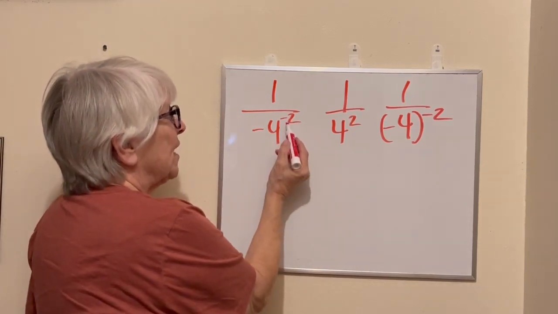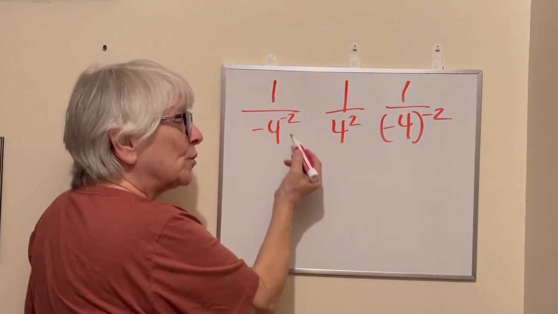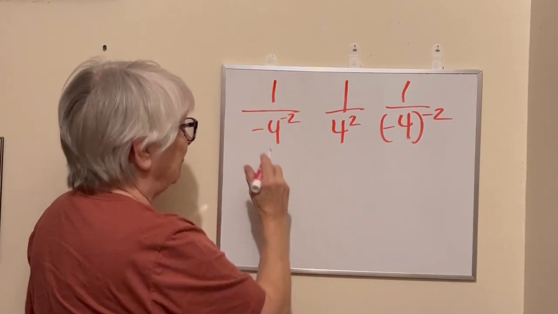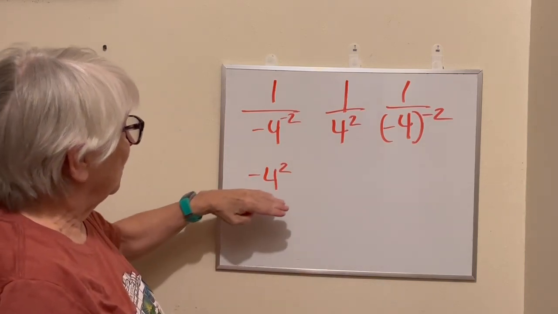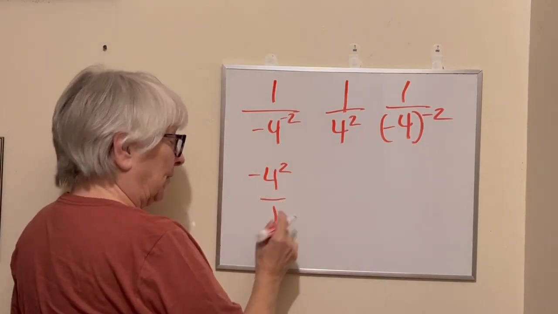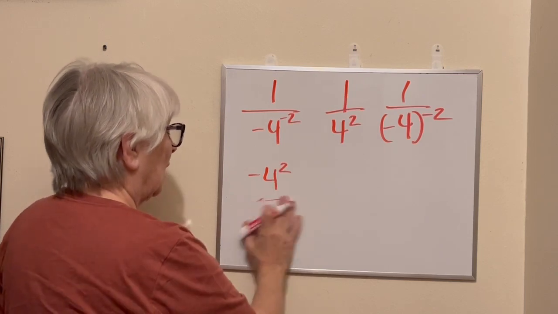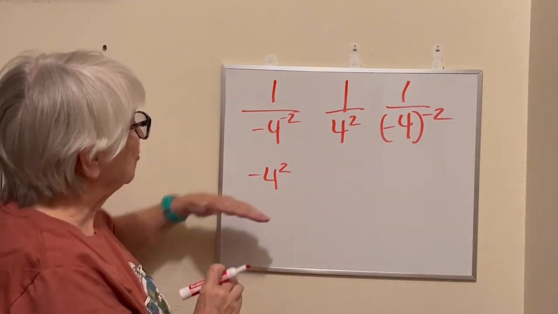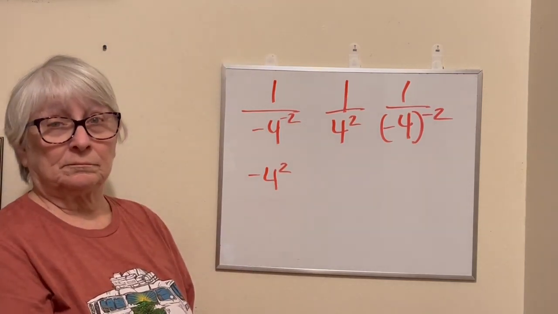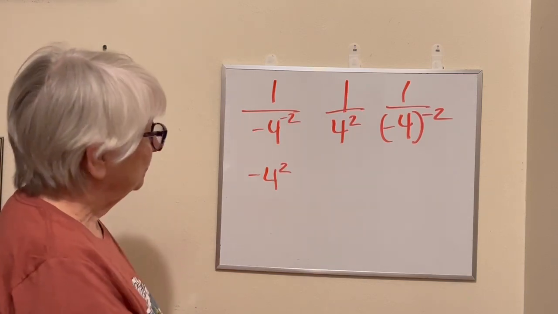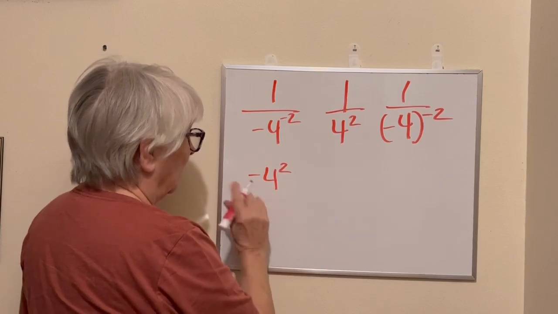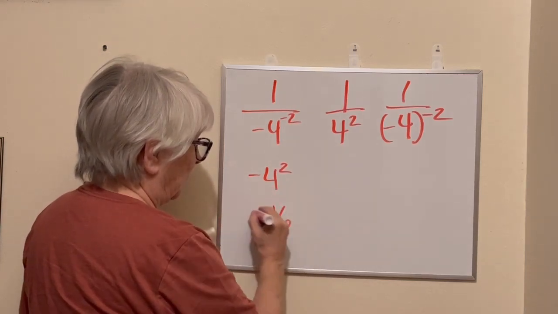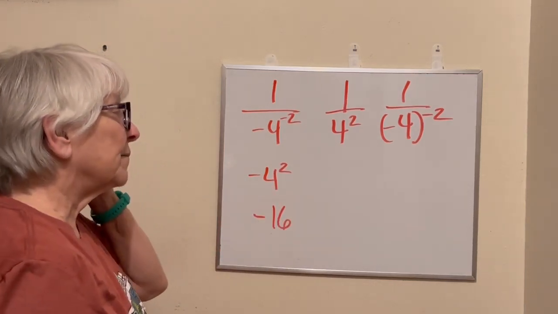So there's that -2, all it's going to do is bring the -4 squared to the top, to the numerator, because I can put a 1 down here to make it look like a fraction. So all it does is shift it to the top. And the 4 squared is 16, and the negative sign stays.